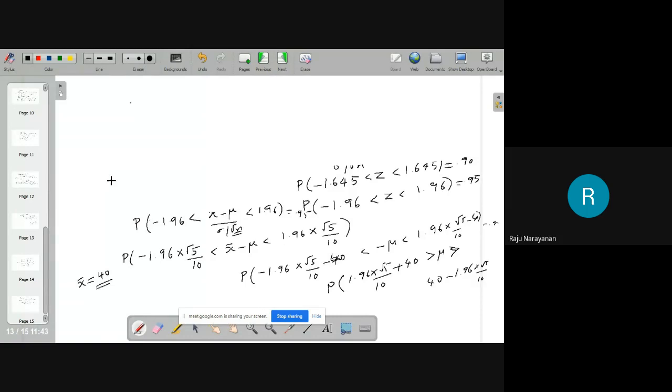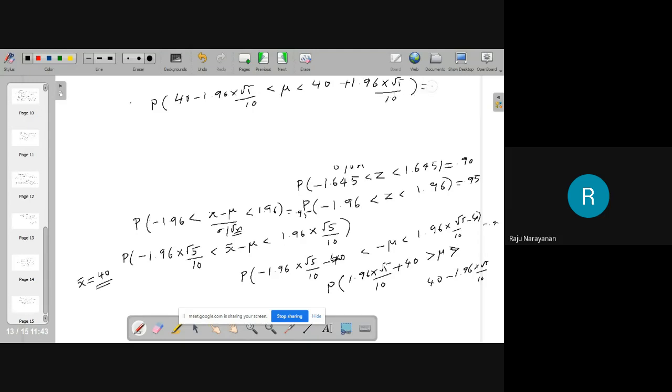Then this is probability that 40 minus 1.96 into root 5 by 10 less than mu, less than 40 plus 1.96 into root 5 by 10.